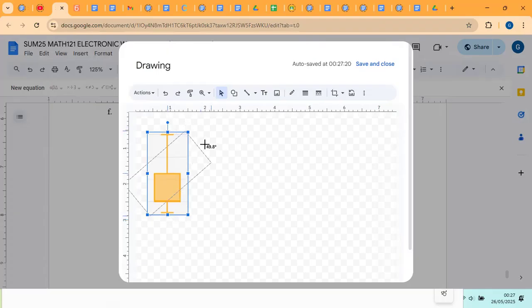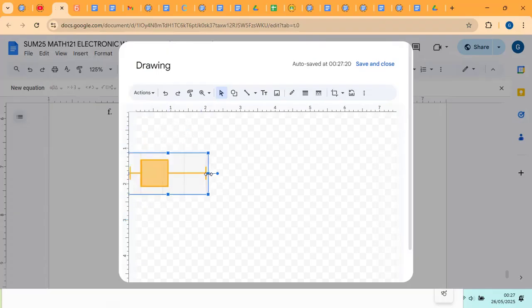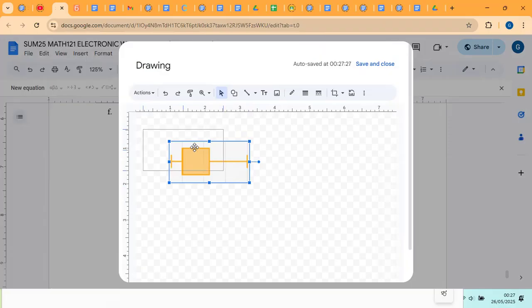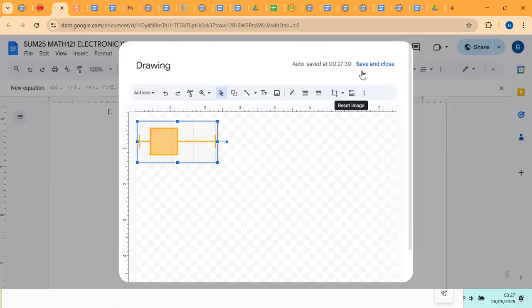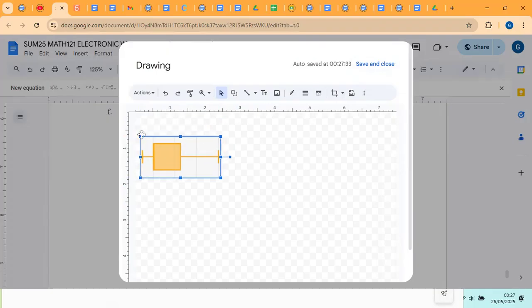Okay. And as you can see, it is skewed towards the right. So that's 16 here.